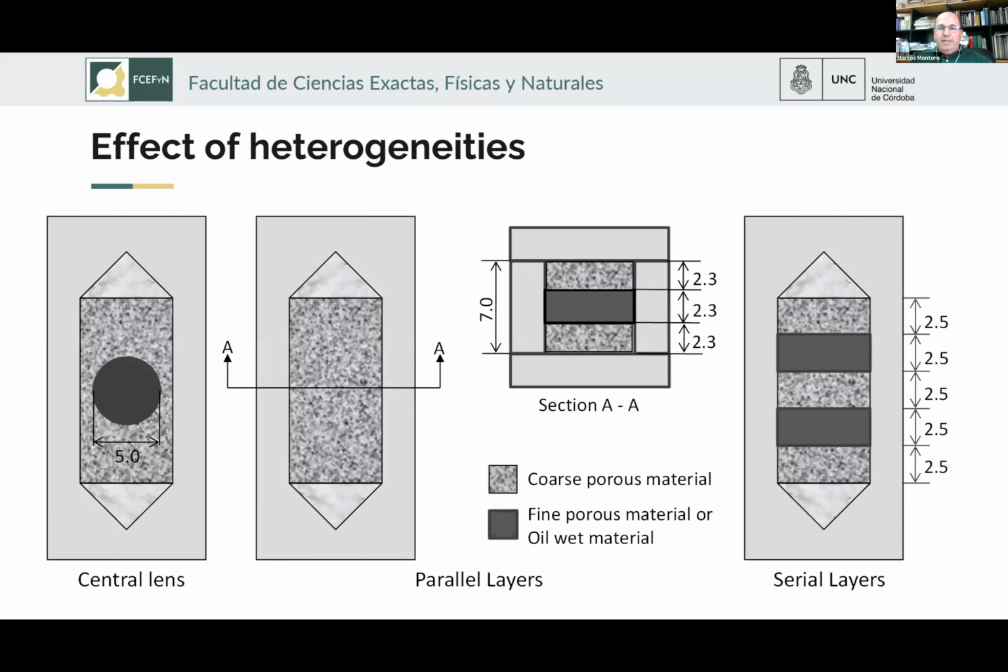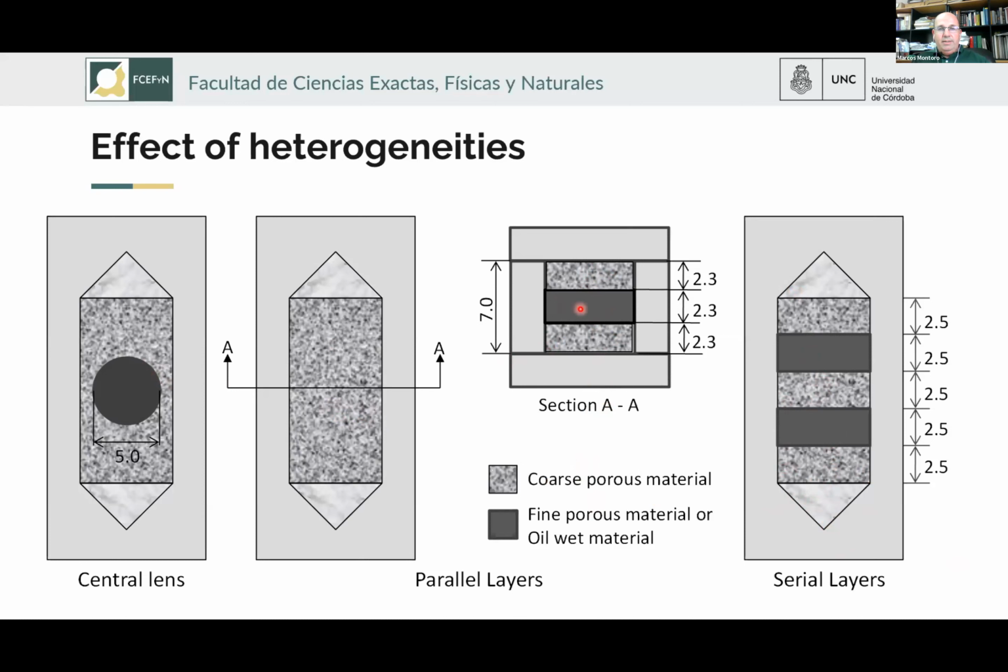Finally, we perform some tests in the prismatic cell to identify the effect of the presence of macro-scale heterogeneities in the porous media. We prepared 3 different specimens, one with a cylinder in the center, the other composed of 3 parallel layers in the direction parallel to the flow direction, and the other one composed of 5 layers disposed in the direction transversal to the flow direction.